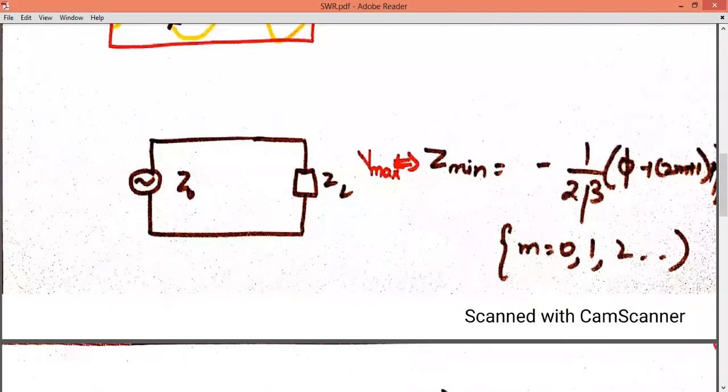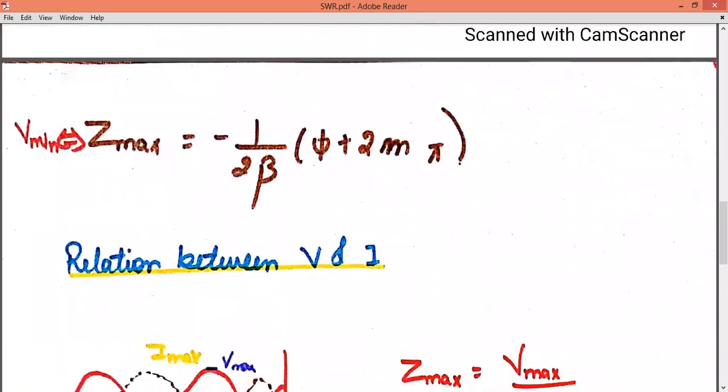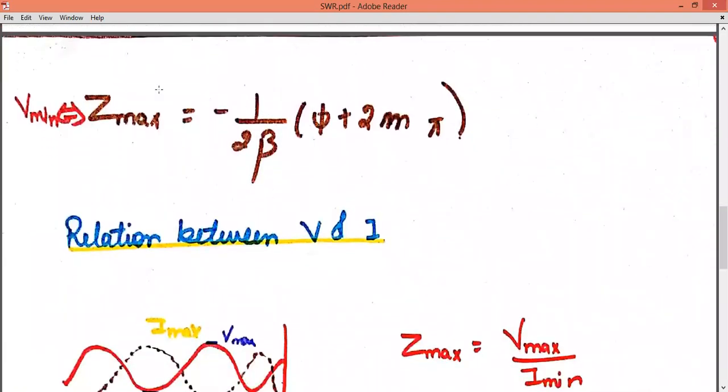In the same way, we find Z maximum, the maximum impedance in a transmission line, which can be represented like that. So where the voltage is maximum, impedance is minimum; at the length where minimum impedance occurs, V maximum will occur. So it is a vice versa case. We need to find the impedance, and automatically we will be able to find the voltages at that point. But you need to understand this: where the maximum impedance occurs, the voltage will be minimum.